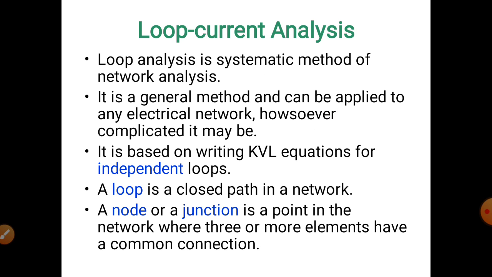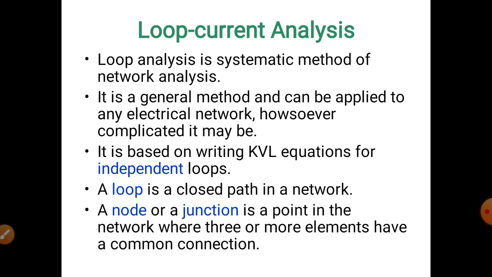Next we will discuss mesh analysis. Mesh analysis is another name for loop current analysis. It's a systematic method of network analysis. First we have to form a loop. A loop is nothing but a closed path in a network.